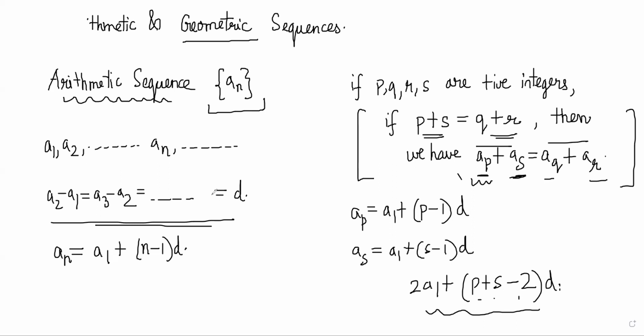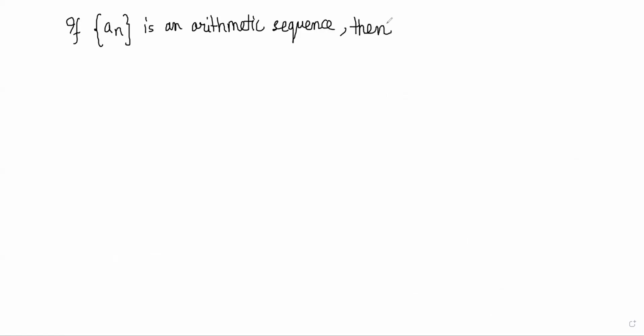Also, we know some other properties. If AN is an arithmetic sequence, then B times AN is also an arithmetic sequence.